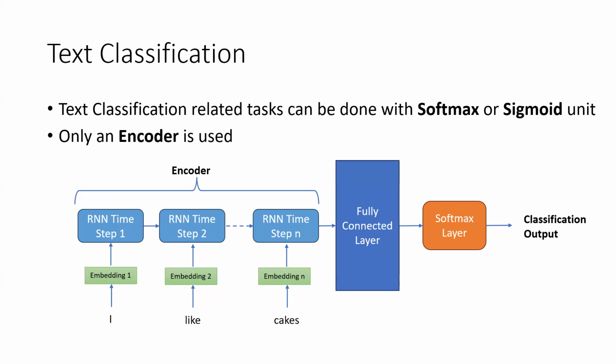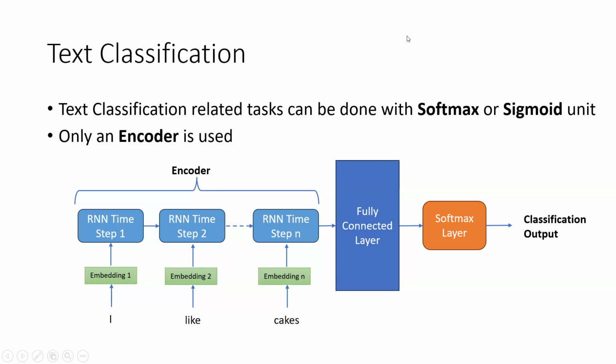So let's get some understanding of how each of these tasks that we said are possible are done in a recurrent neural network architecture, right? In this, the first case is text classification.